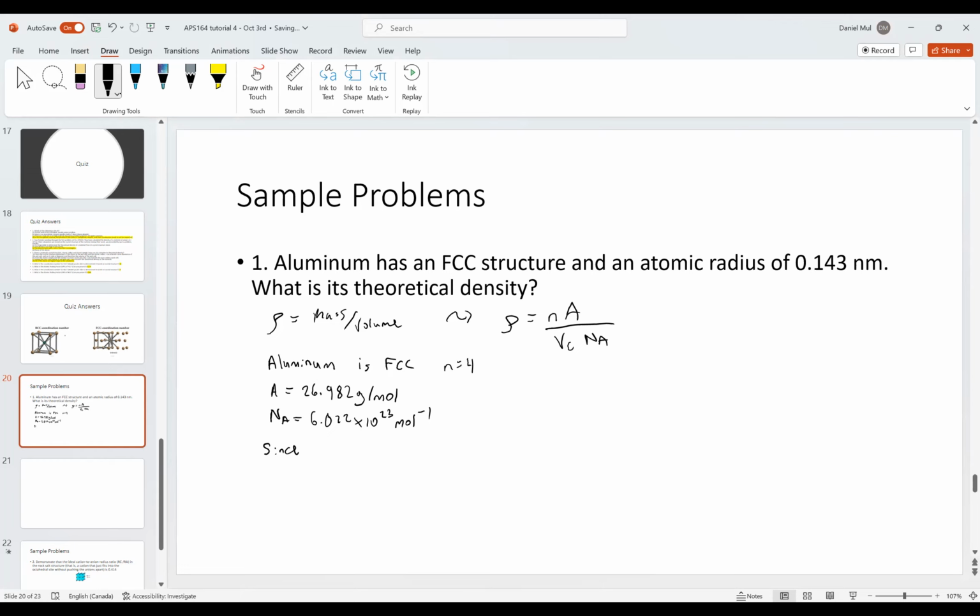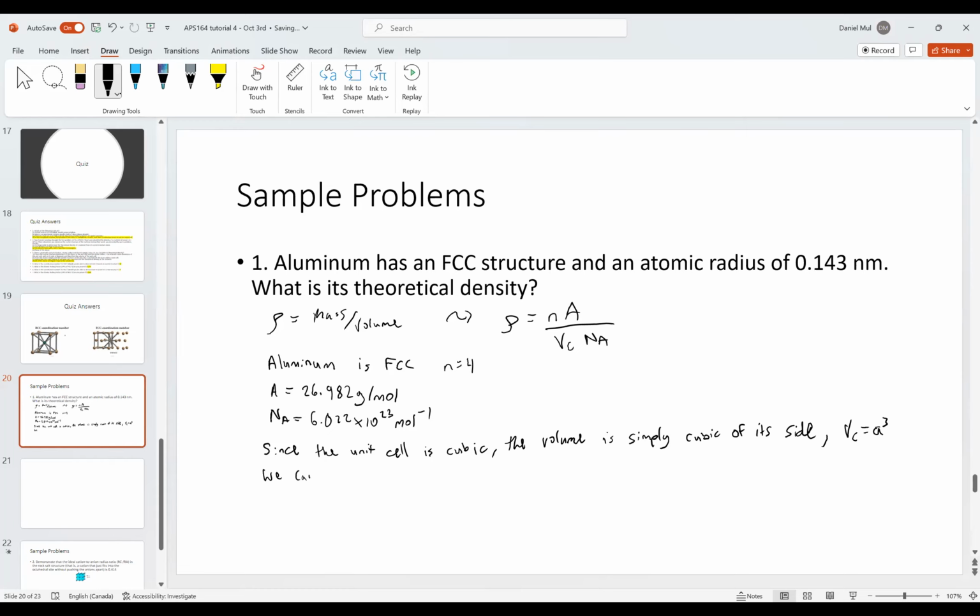Since the unit cell is cubic, the volume is simply the cube of its sides. So we get VC is a cubed, as before.